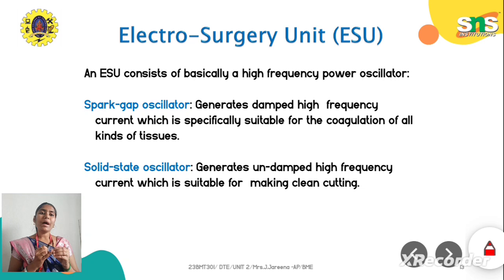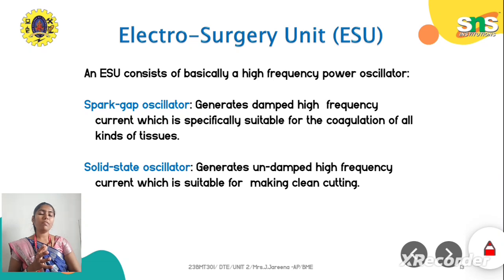Damped high frequency will lose its height and amplitude at one point. It will not maintain it throughout the duration. For example, if you bounce a ball, initially it goes very high, and later on slowly the amplitude deteriorates.